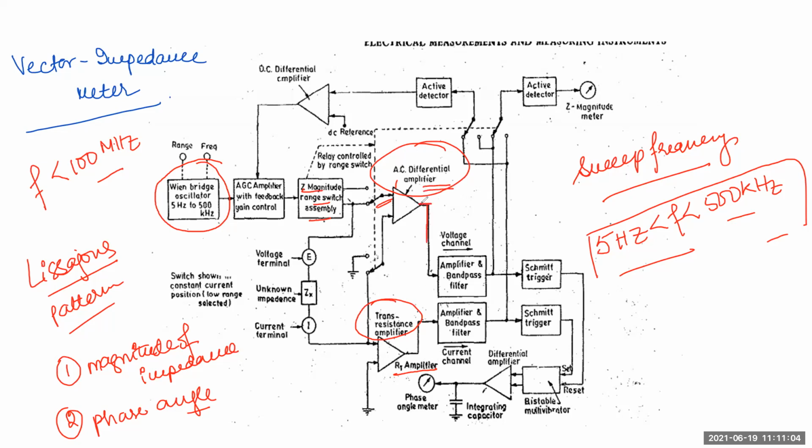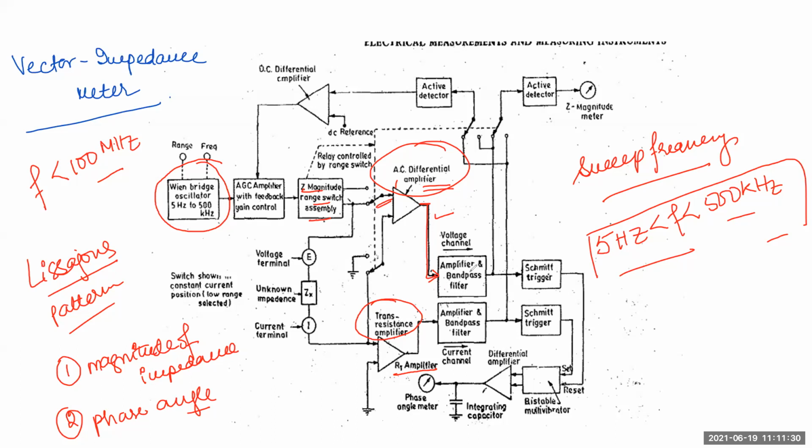Now the output of this AC differential amplifier, this is the output. Where is it going? It is applied to an amplifier and filter section. Here I have applied the output of this AC differential amplifier to the amplifier and the bandpass filter, which contains many high and low band filters that are changed accordingly with the frequency range.